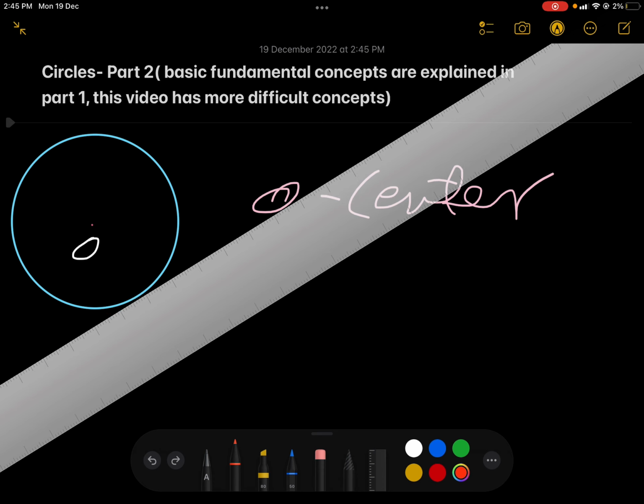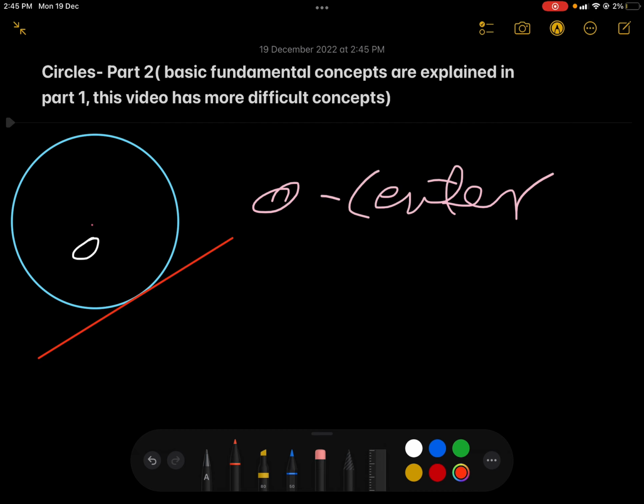Now it only strikes the circle at one point, not at more than one. In my diagram it might look like more than one, but it's actually just one point on the circumference of the circle. So this line segment, let us mark that as CD. And now CD is your tangent.